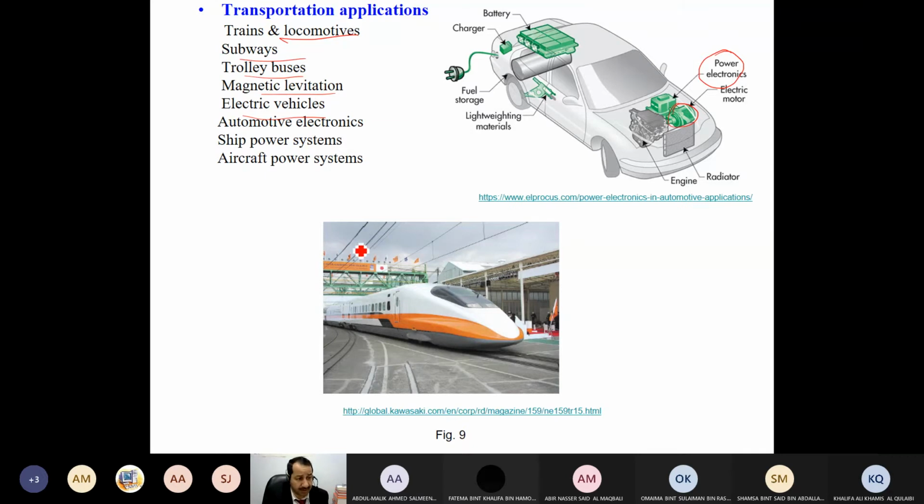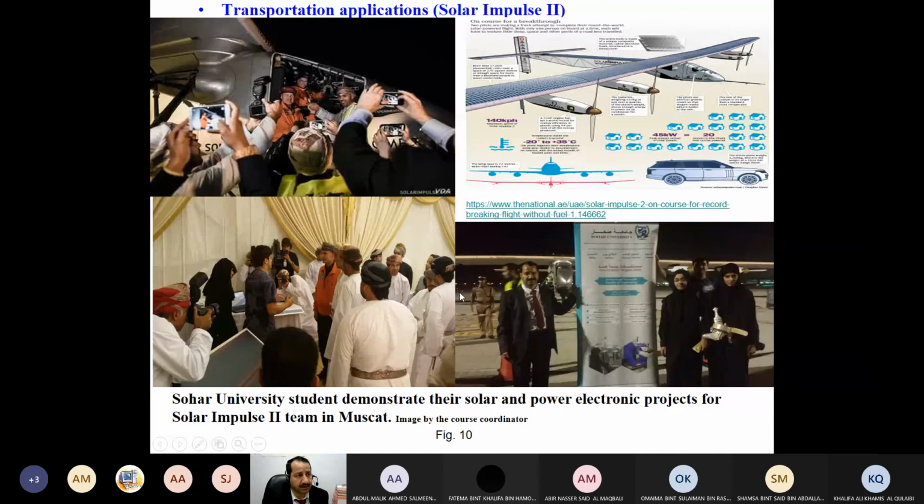I show you here a sample from China. Now also a sample of transportation. I don't know if you remember, a few years back, talking about 5-6 years back, the first fully solar-powered airplane came, which is called Solar Impulse. It came to Oman. It had a trip around the earth, starting from Abu Dhabi to Muscat, Oman, to India, and different places.